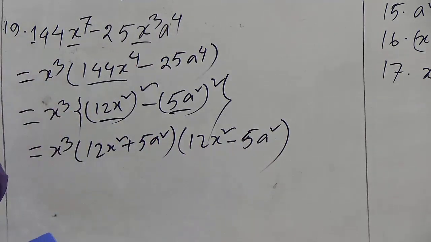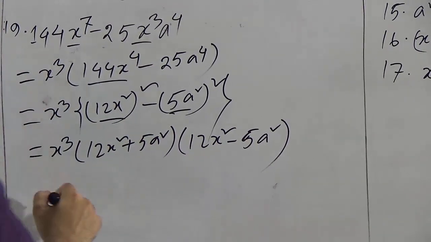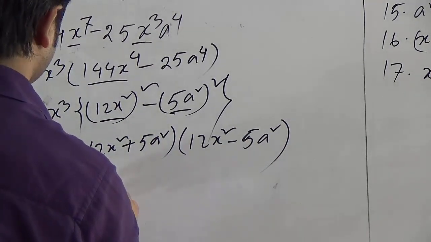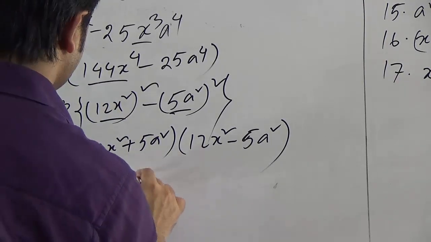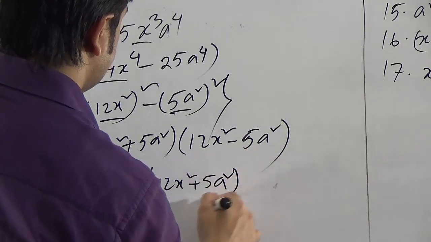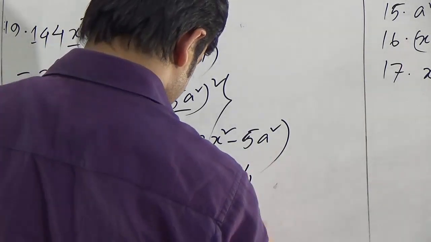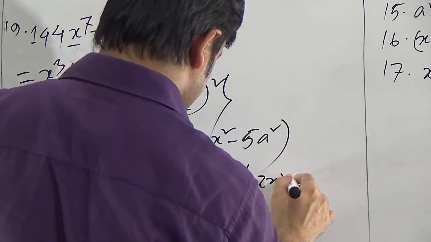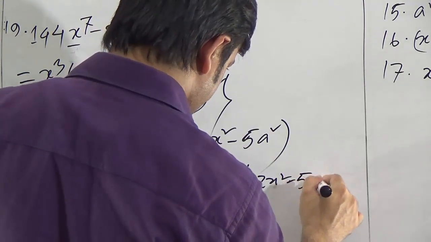This is our required answer for question 19: x cube into 12x square plus 5a square into 12x square minus 5a square.